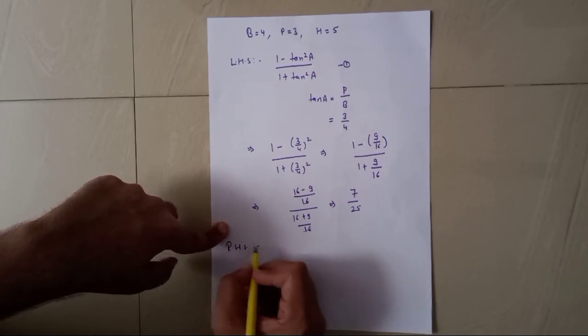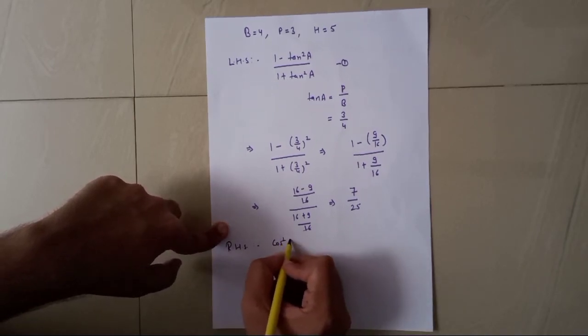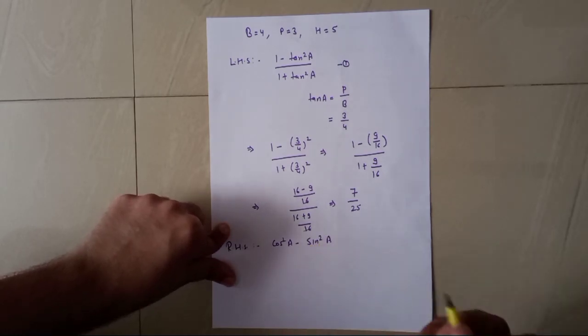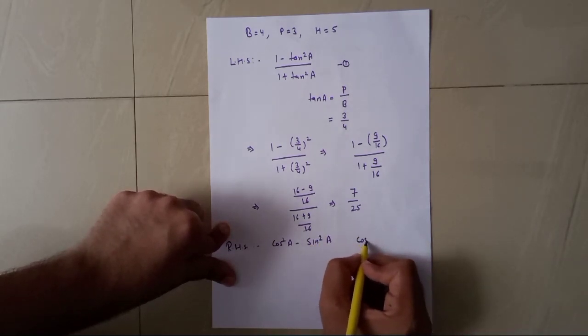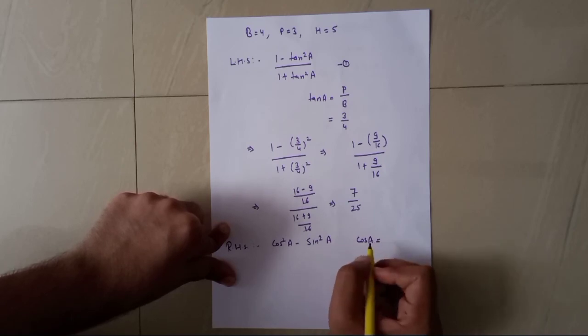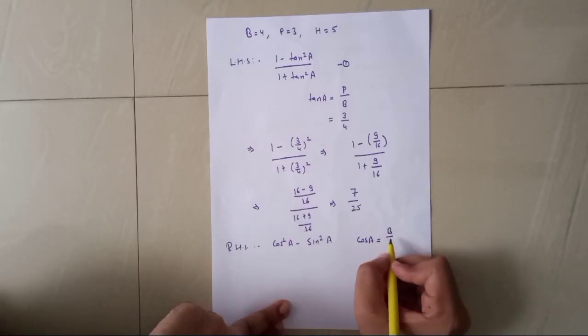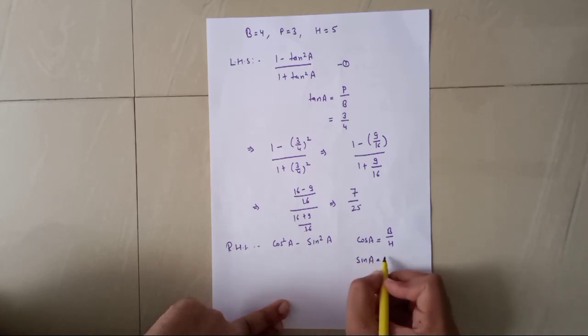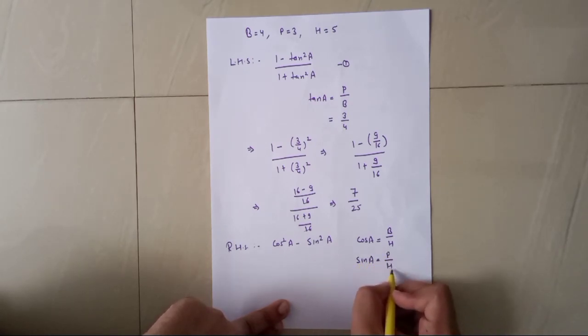we have cos square a minus sin square a. So we know that value of cos a equals to base upon hypotenuse and value of sin a is perpendicular upon hypotenuse.